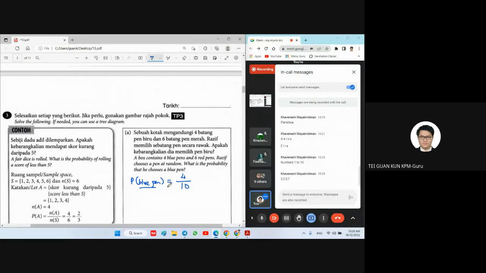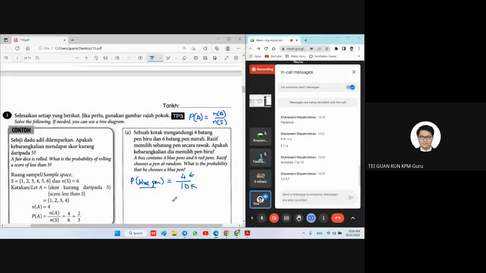So the probability of getting a blue pen is numbers of blue pen divide total pen. Itu lah formula dia. Probability of A is equal to numbers of A divided with the numbers of sample space. Sample space is all the possible outcomes lah. So all the possible outcomes means all the pen lah. Jumlah pen lah yang ada lah.